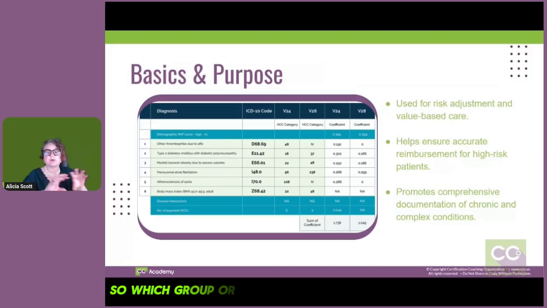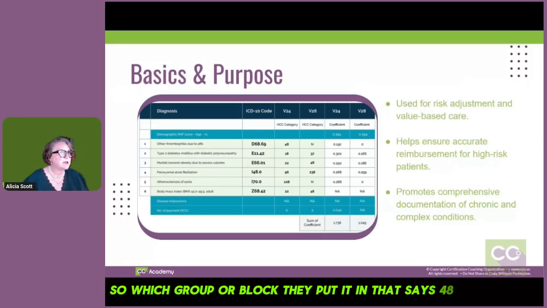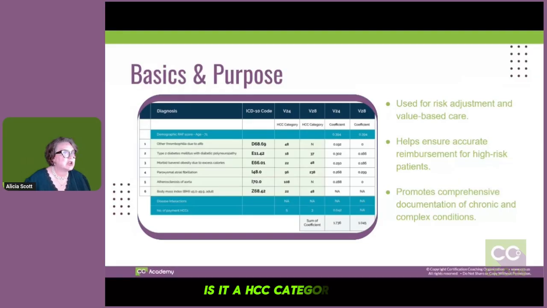So which group or block they put it in, that says 48. Is it a HCC category? No. But then it holds value. But look at the one underneath it. Type 2 diabetes with polyneuropathy. That's an HCC of 18. It's in the category 37. And then there's dollar amounts that it's worth, a percentage.